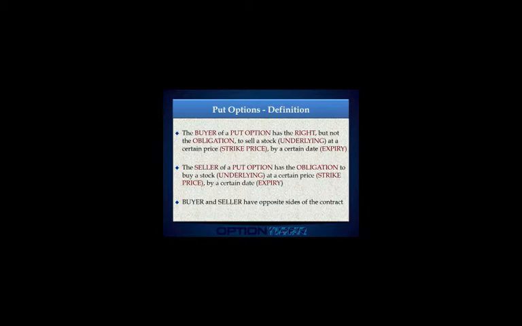So something may be confusing here, and many newcomers to options have an understanding problem with this part. You're an option buyer, and by buying the put option, you have a right to sell the underlying shares. Or let me state it a little differently. There are 2 different securities involved. One is the option and one is the shares of stock.